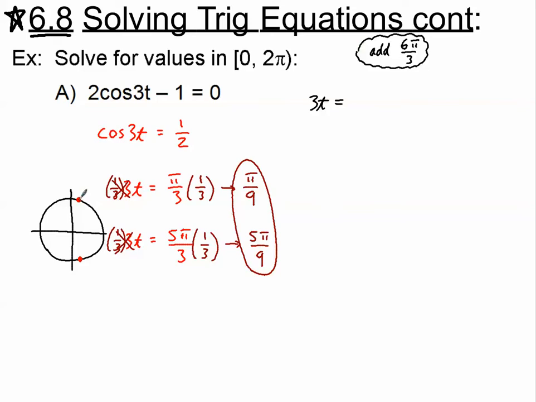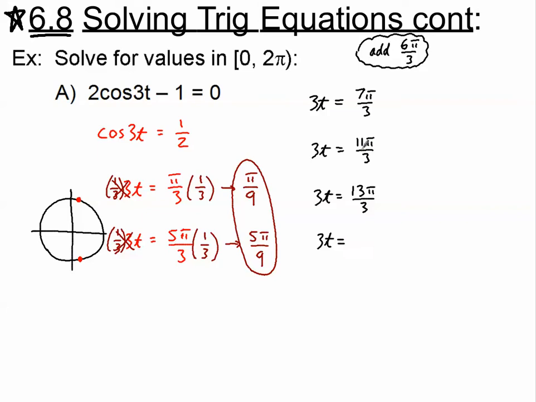So let's take this pi over 3 and add 6 pi over 3, and now we're at 7 pi over 3. And we'll take that 5 pi over 3 angle and add 6 pi over 3 to that, and then we're at 11 pi over 3. Let's keep doing this. We'll take the 7 pi over 3 and add 6 more pi over 3 to now get 13 pi over 3.